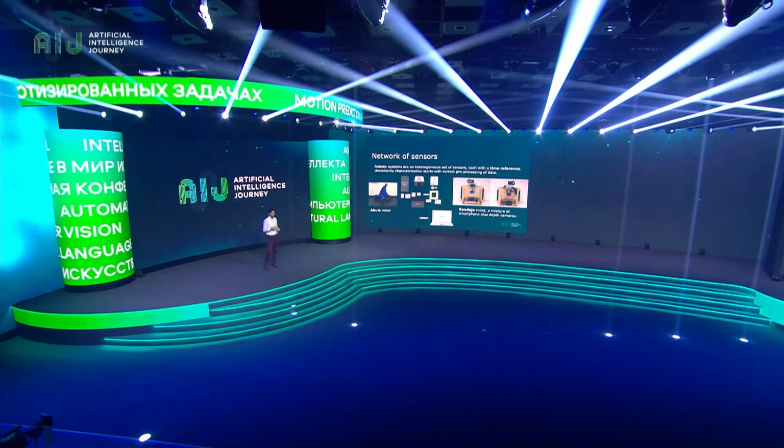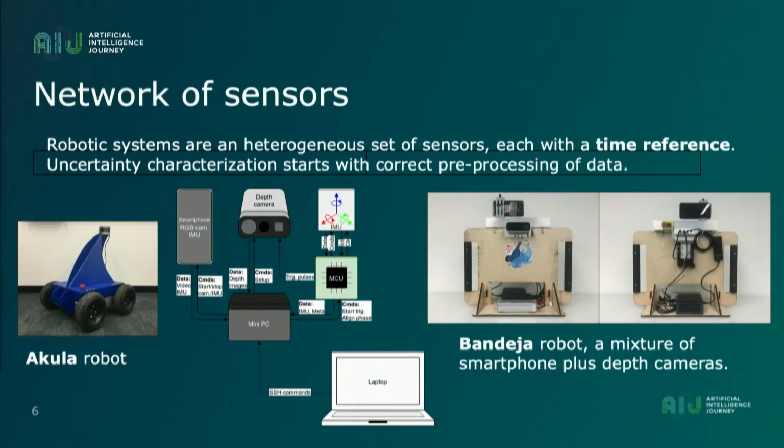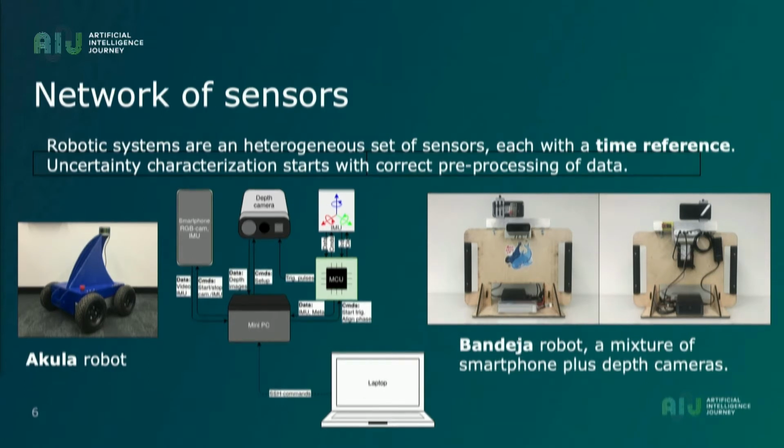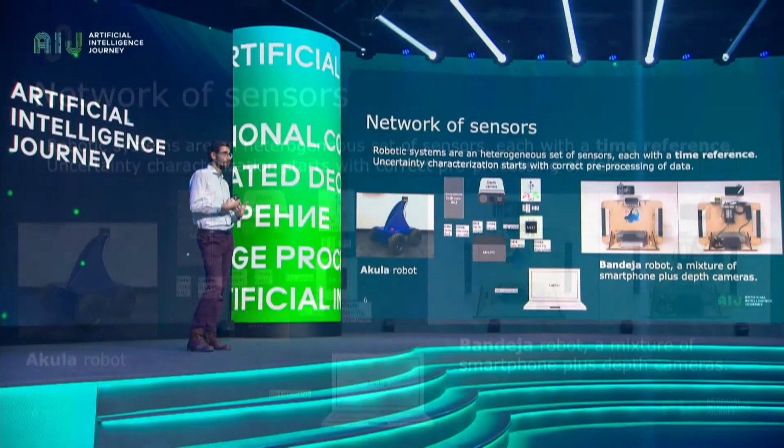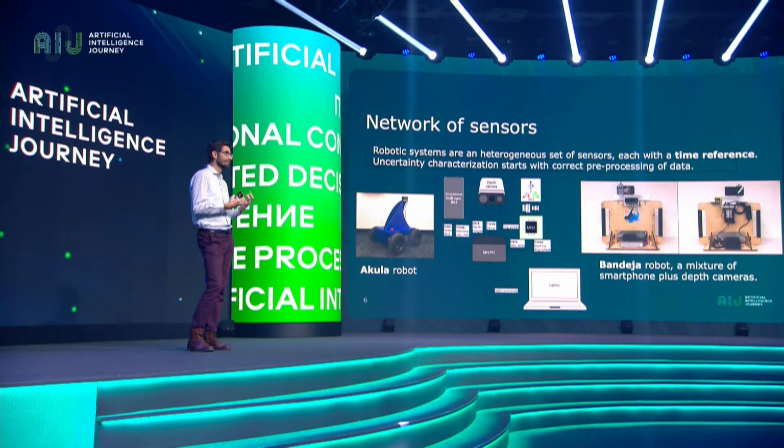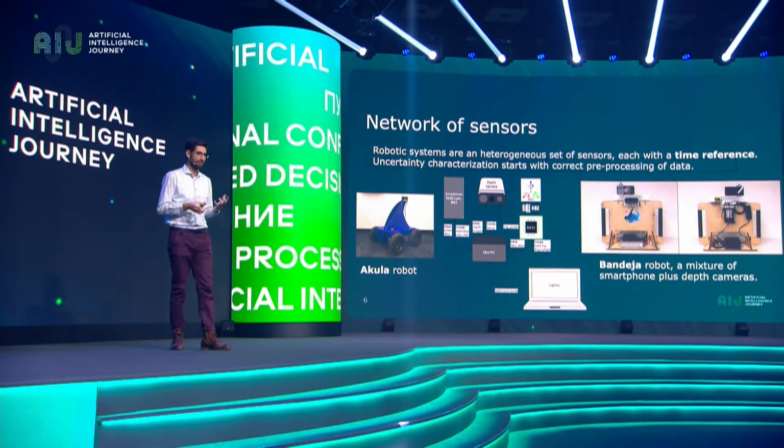For instance, these two robots that we are showing here in this slide, one is the Akula robot. It's simply a wheeled robot. In this case, we are using LiDAR, which uses laser just to estimate how far away objects are. And we could be using a camera. Right, so we have two sensors here. Using several sensors adds robustness. The problem is how to fuse them. This creates some artifacts at the same time.